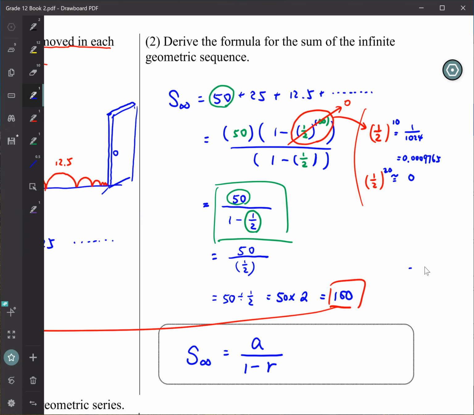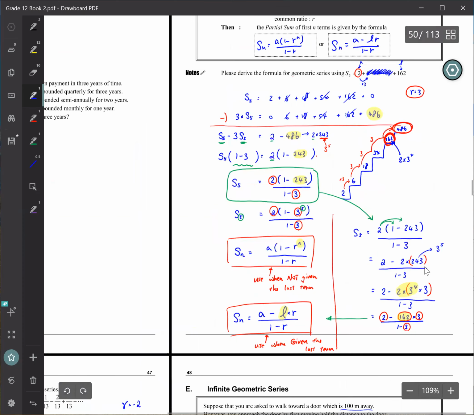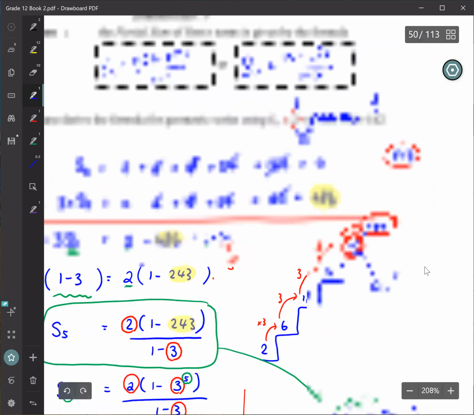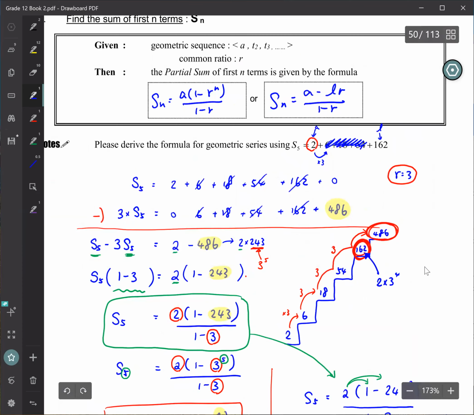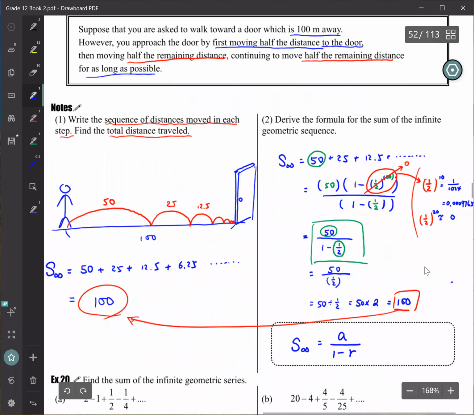But as I mentioned before, if the terms get bigger and bigger, like the first example we did, then you won't be able to add up everything forever because it gets bigger. You can only use the formula such that each term of the series gets smaller.